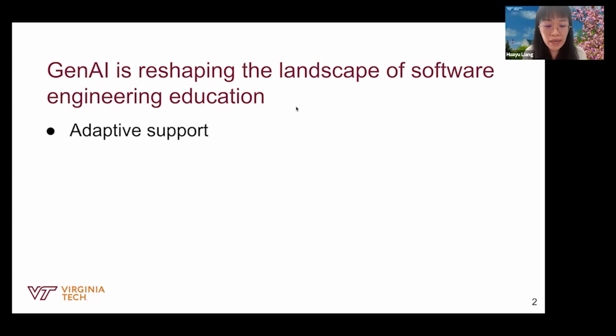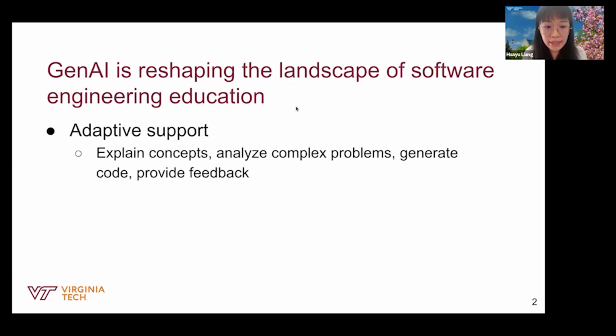One of the major benefits is their adaptive support, as this tool can handle various tasks like explaining concepts, analyzing complex problems, generating code, and providing instant feedback for the student.